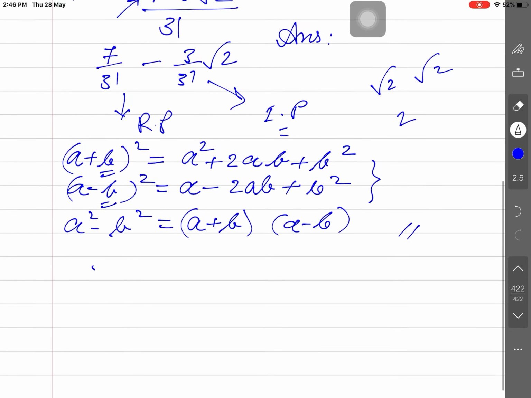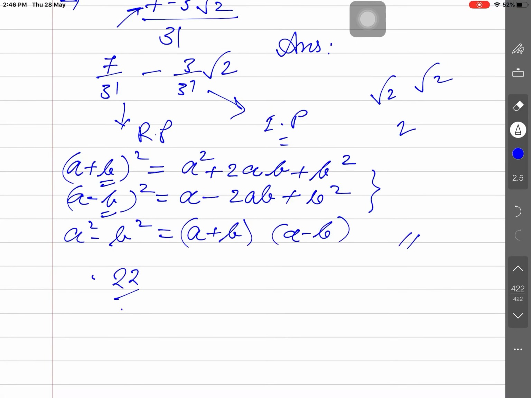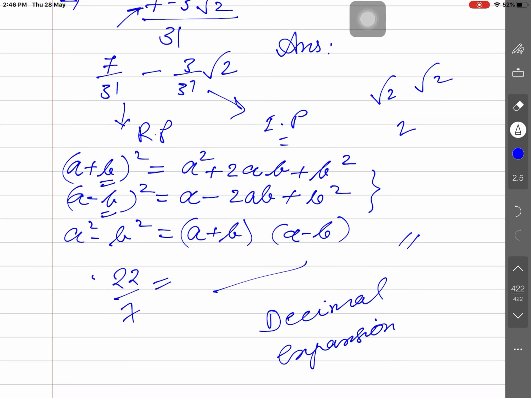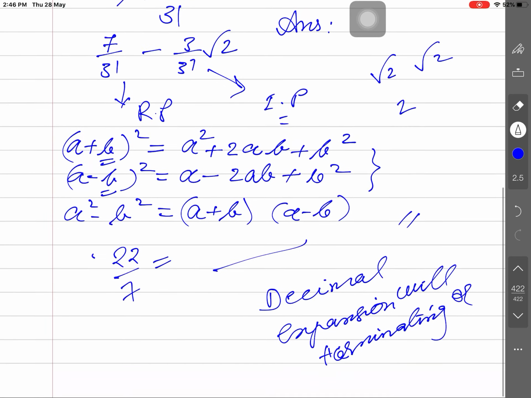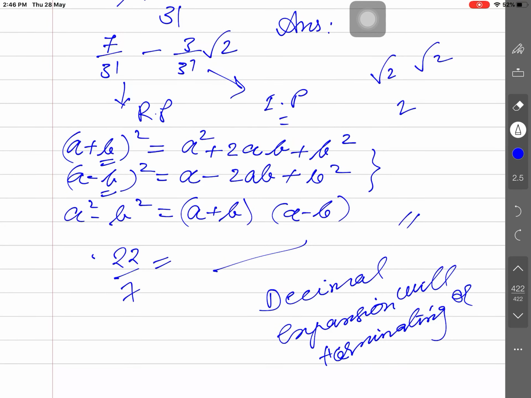The value of pi is approximately taken as 22 by 7. Its decimal expansion will be terminating or repeating. Is that clear, guys?